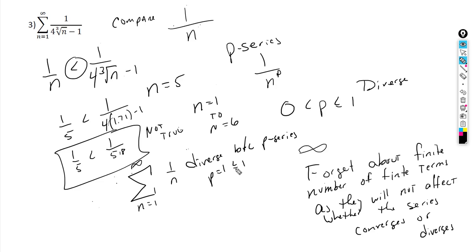So we know that the actual original series, 1 over 4 third root of n minus 1, is going to diverge because of direct comparison.